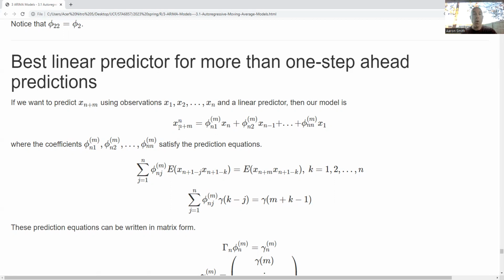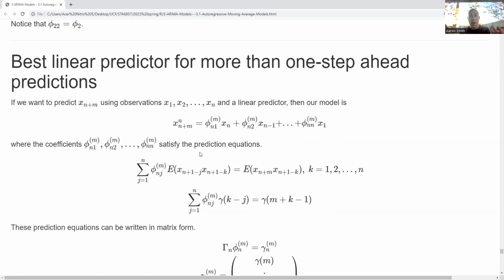I want to go m steps into the future and make an accurate prediction. All right, and so as a linear process, I'm going to define my model to be a linear one of coefficients times lagged data. And these coefficients are going to satisfy the prediction equations if I sit down and start crunching them out.